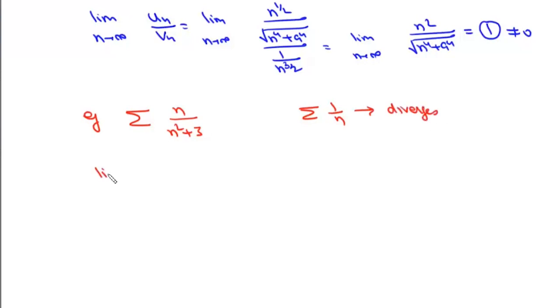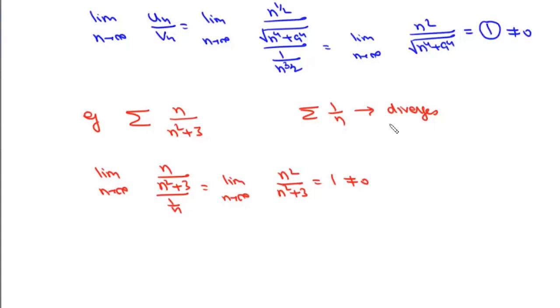Now we find this limit, n tends to infinity, un upon Vn, so it will be n upon n square plus 3 upon 1 by n, which is this limit, n tends to infinity, n square upon n square plus 3, and it is equal to 1, which is unequal to 0. Now both the series will have the same behavior of convergence. So if this summation 1 by n diverges, this series summation n upon n square plus 3 will also diverge.